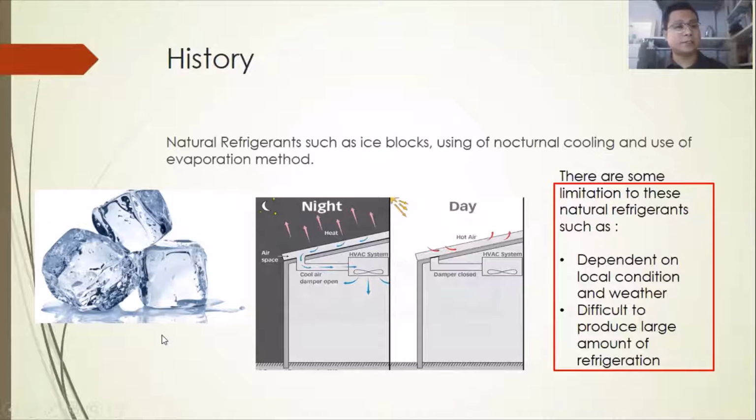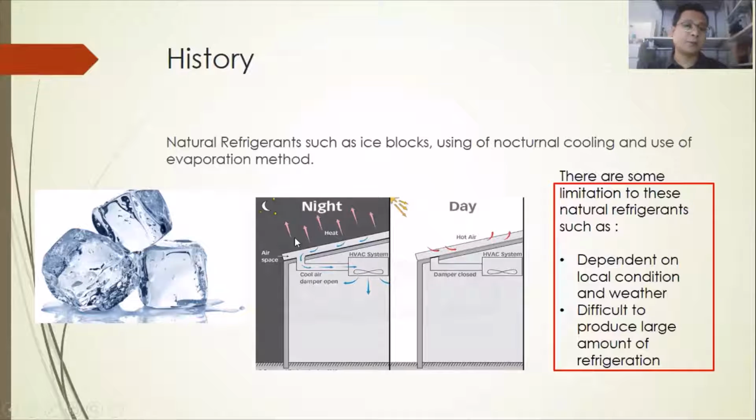They use this method to keep the quality of the food, but there are still some limitations of natural refrigeration, such as depending on local condition and weather, and difficulty producing a large amount of refrigeration.